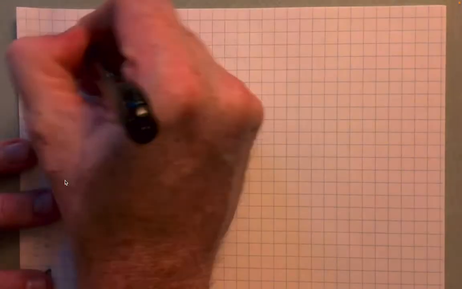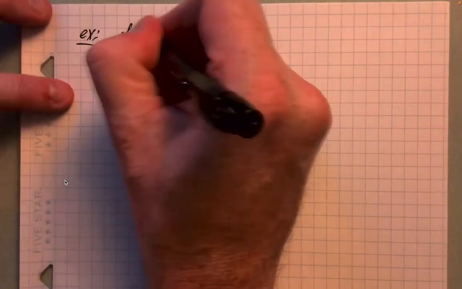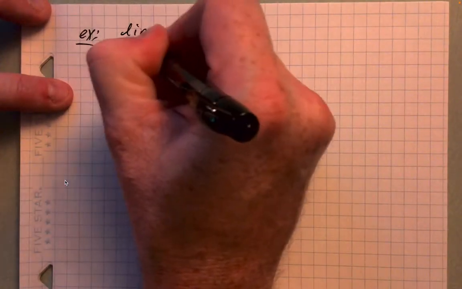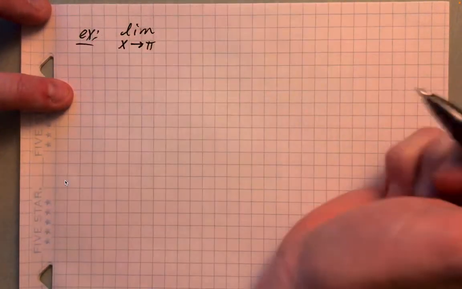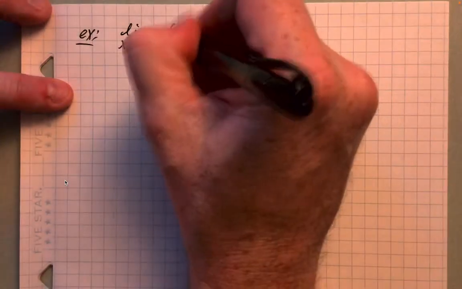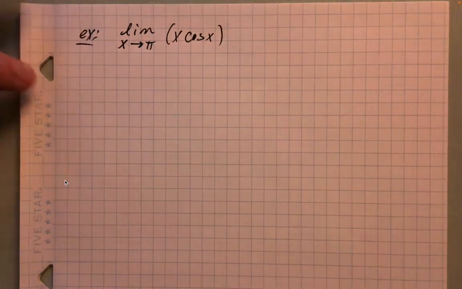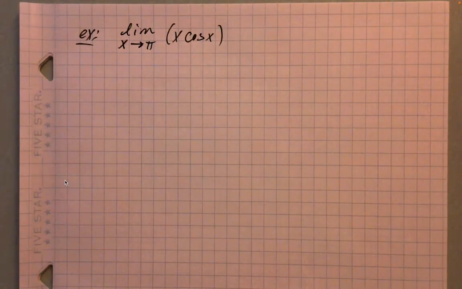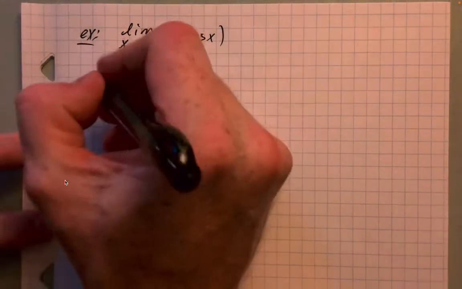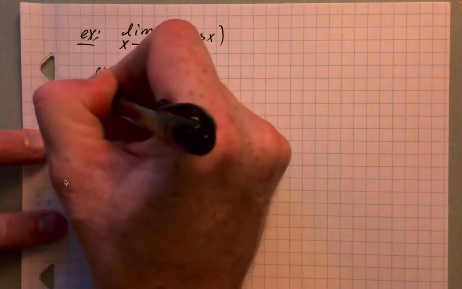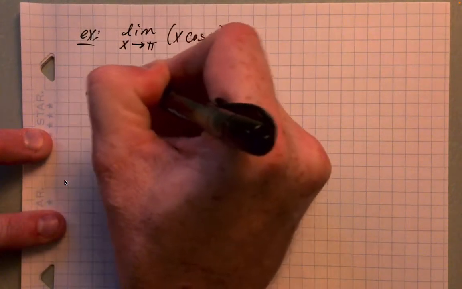Let's do some examples here. And here's where we'll start to combine some of our previous stuff. So let's say the limit as x approaches pi of the function x times the cosine of x. Okay, so we want to evaluate this limit. Limit as x approaches pi of x cos x.